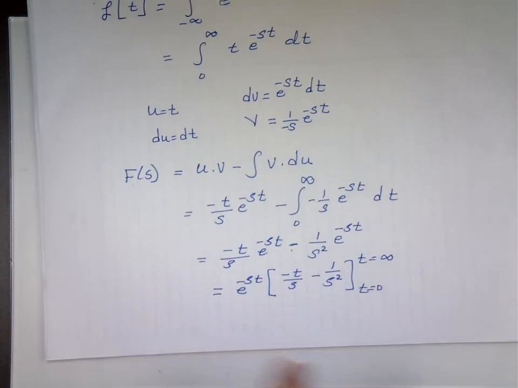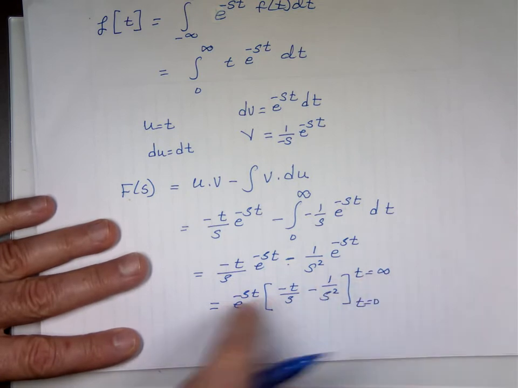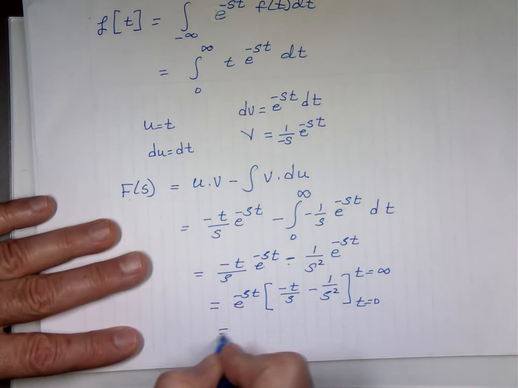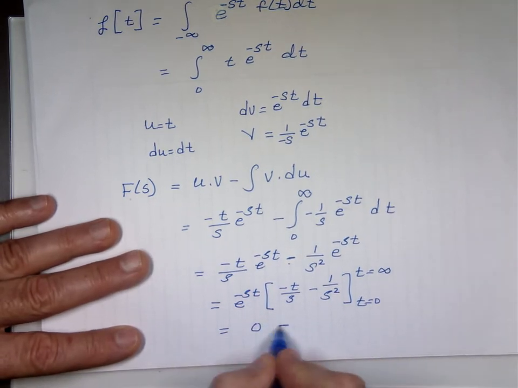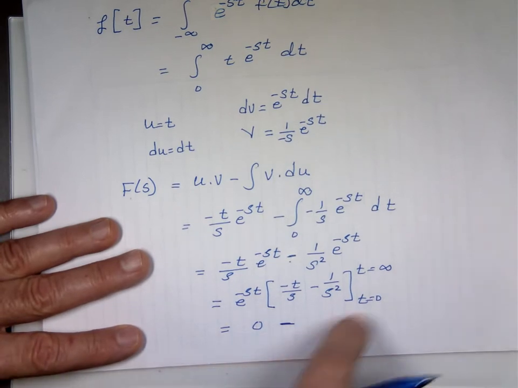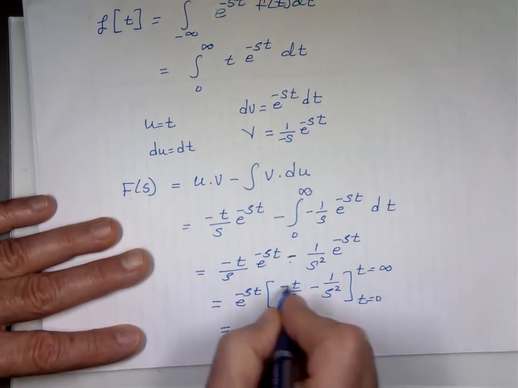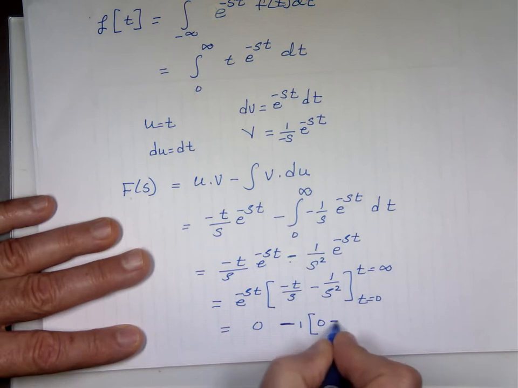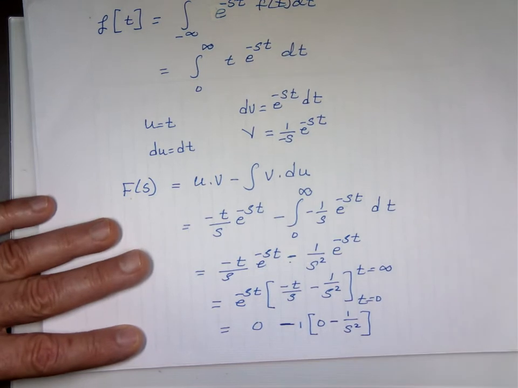Now let's see, when t is infinity, this is e to the negative infinity, which is 0, and 0 times anything is 0. Minus, when t is 0, e to the 0 is 1, t is 0, so this is 0 minus 1 over s squared. Do the math.